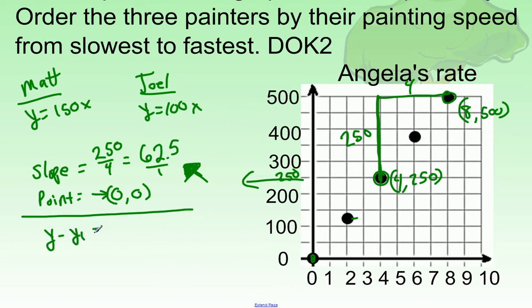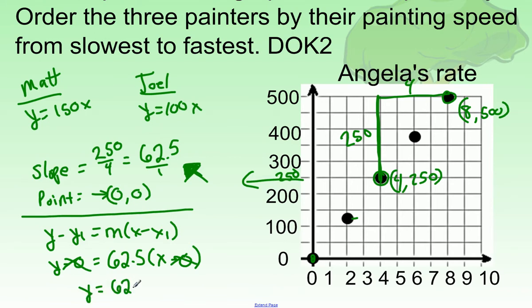Y minus y1 equals m times x minus x1. Y minus the point equals the slope times x minus the point. This cancels. This cancels. Y equals 62.5x. So this is Angela's rate of painting.